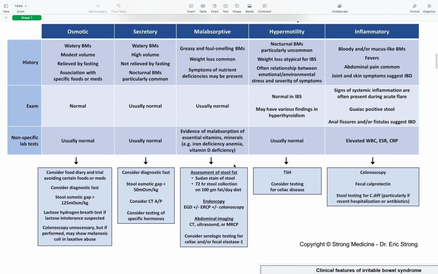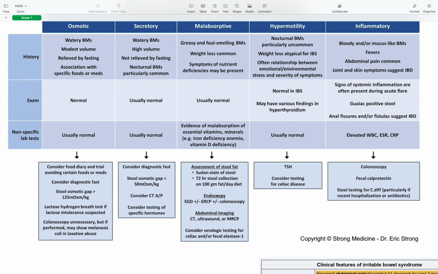Okay, so for assessment of stool fat, as we said earlier, you need to do a Sudan stain of stools along with 72-hour stool collection on a 100-gram of fat per day diet. All right, more than 7 grams of fat in stool is diagnostic.